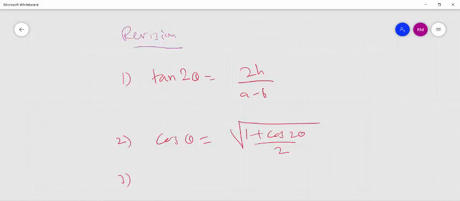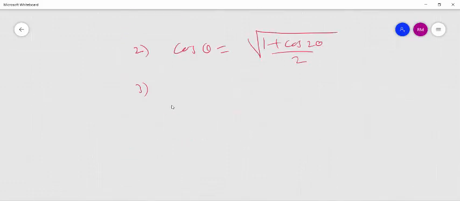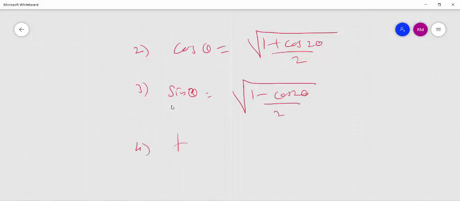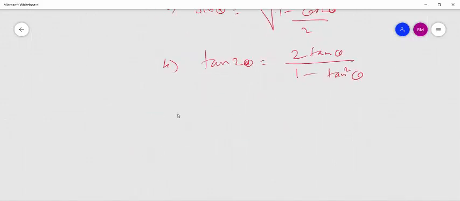Third, we have to use many times sin theta equal to square root of (1 minus cos 2 theta) upon 2. Fourth, the double angle formula tan 2 theta equals 2 tan theta upon 1 minus tan square theta. This result we always need.